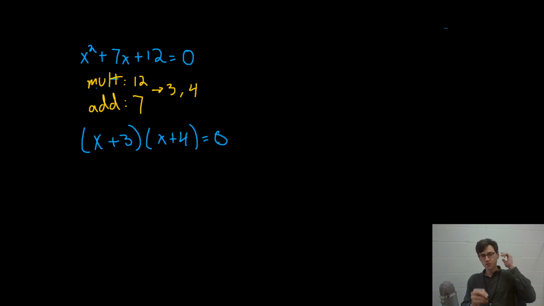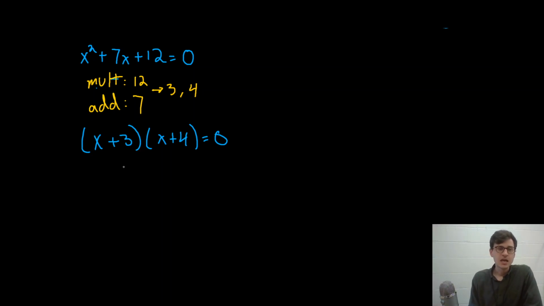Now, a lot of students just say, oh, x is 3 and x is 4. I'm good to go. But wait! Remember, we don't know. We know that x plus 3 times x plus 4 is 0. One of those, at least, is 0. We don't know which one. Right? The box is closed. We don't know if our cat is alive or dead.